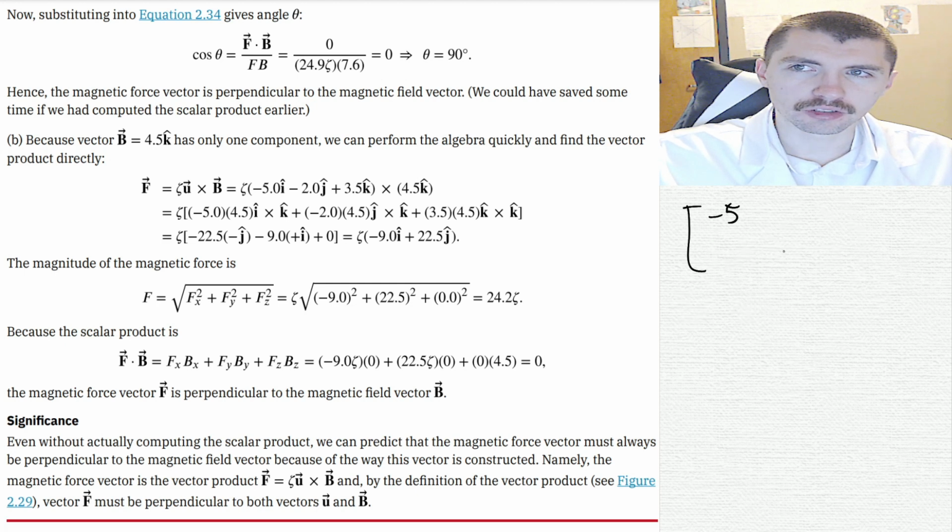Okay, maybe we can rewrite it. So zeta, I guess we could distribute it, right?